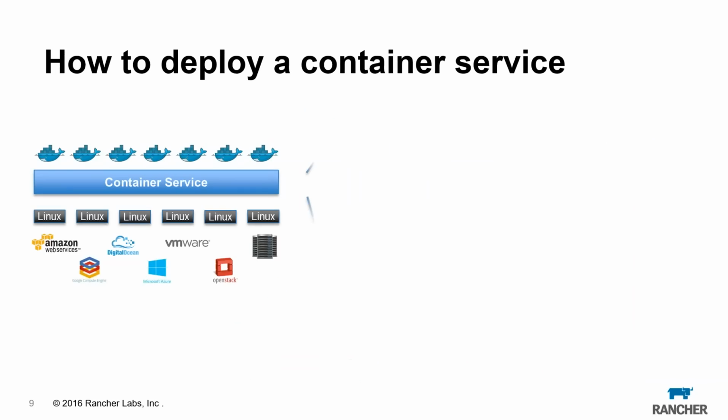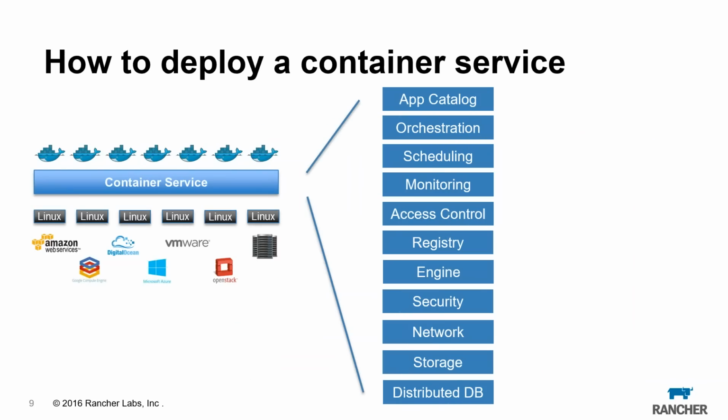And to do this, there's a number of services that we fundamentally have to deliver. Rancher just came out of beta last month, but for the last 18 months, we've been working with users on how to actually build out a container service and manage applications, and it really is a combination of a ton of different things.